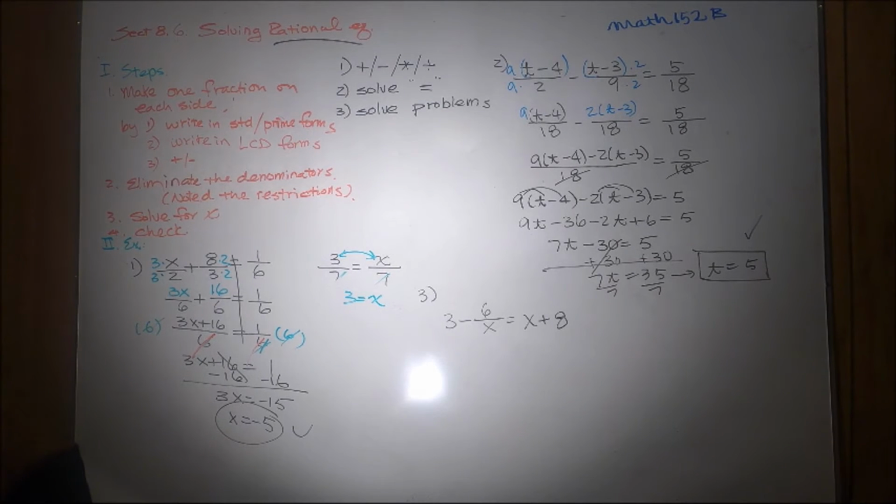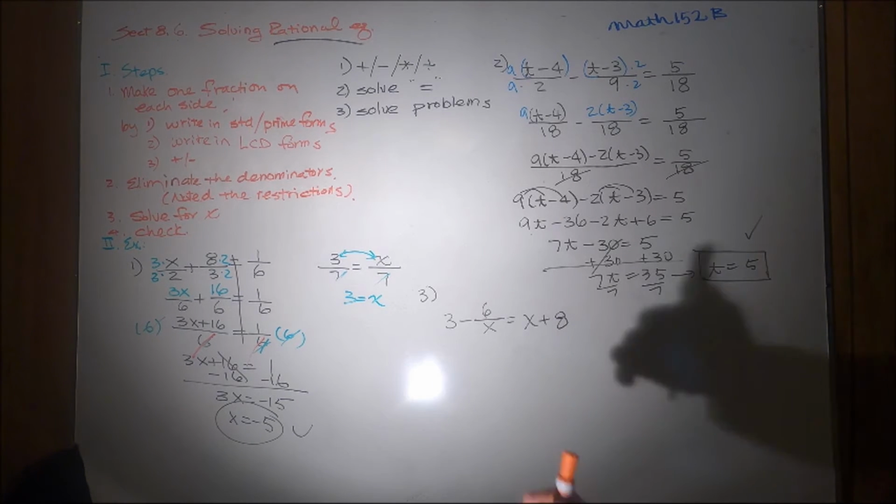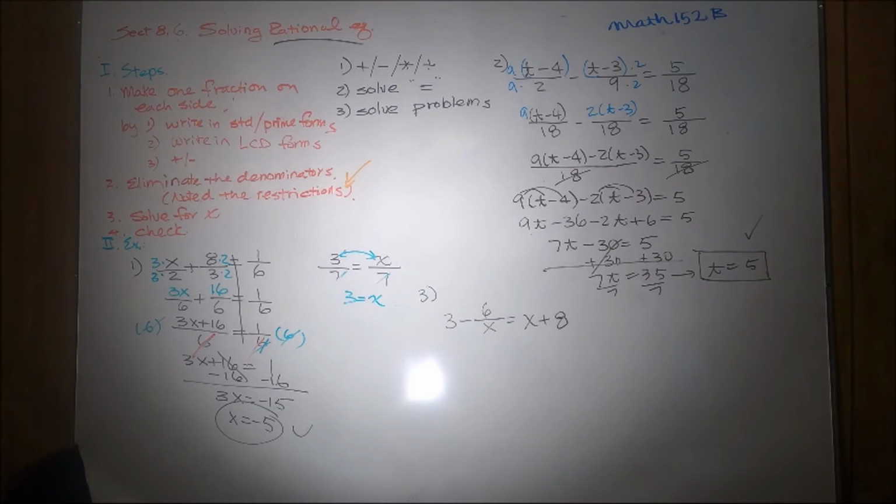in the denominator, right? So when you have a variable in the denominator, you have a situation with restrictions. Because the denominator cannot be 0, right?